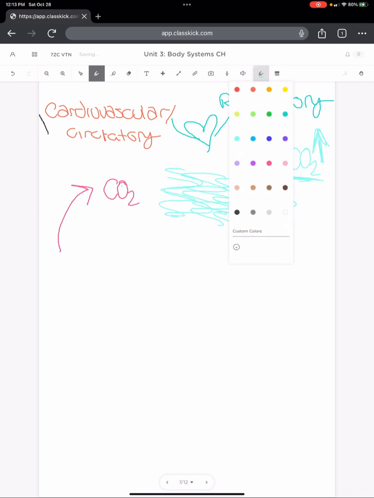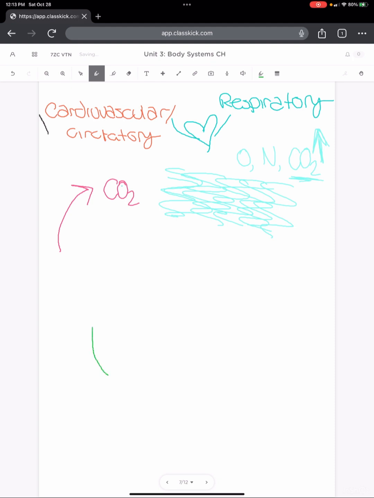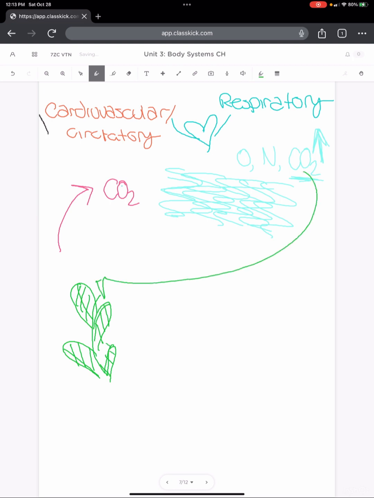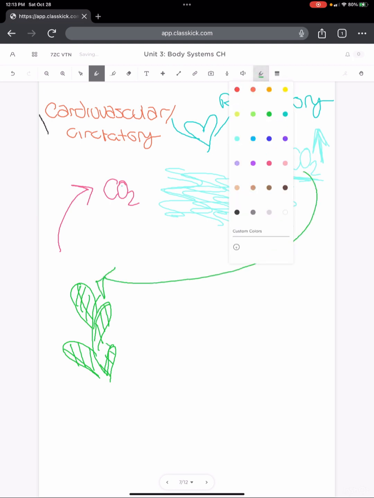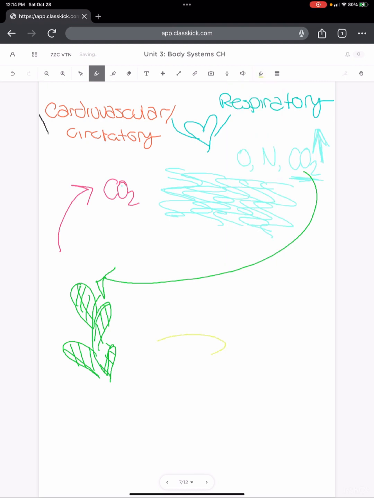And lucky for us, there are these beautiful little creatures called plants, kingdom Plantae, that are just obsessed with CO2, and they would love to uptake that for us. So that plant is going to uptake that CO2. And inside of its chloroplast, it's going to do the exact same thing the mitochondria did.